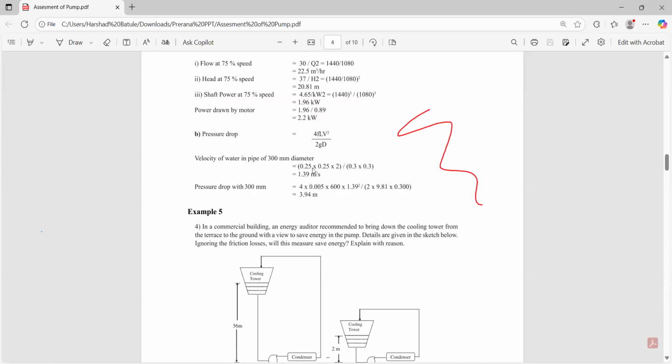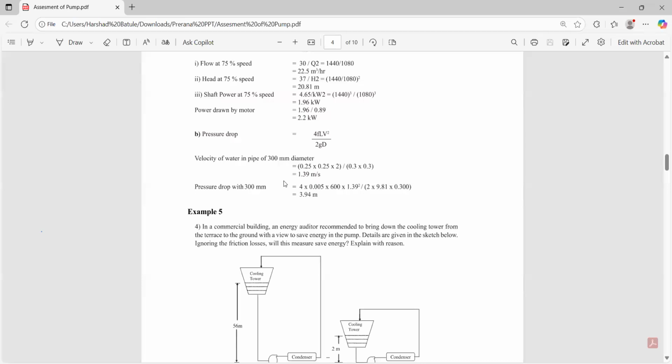So 0.25 into 0.25 into 2, where 2 is your velocity given, divided by 0.3 into 0.3. So your new velocity would be 1.39 meter per second. Velocity is inversely proportional to the change in diameter squared, so your diameter is increased, so your velocity is going to decrease. Your new velocity is 1.39 meter per second.